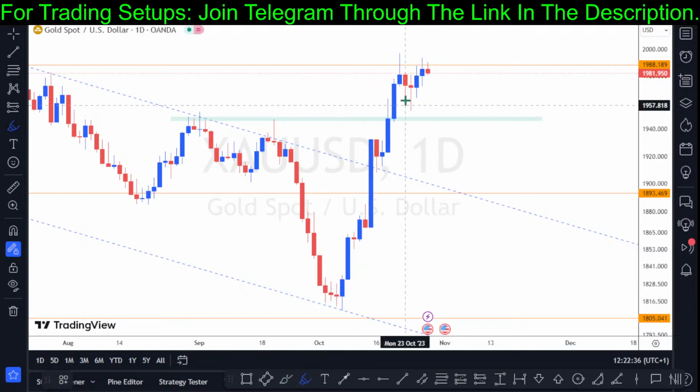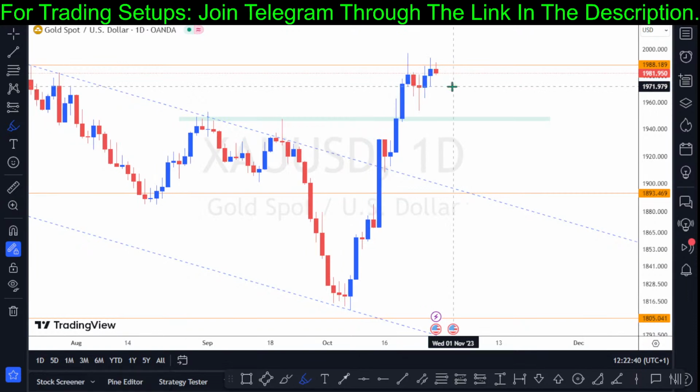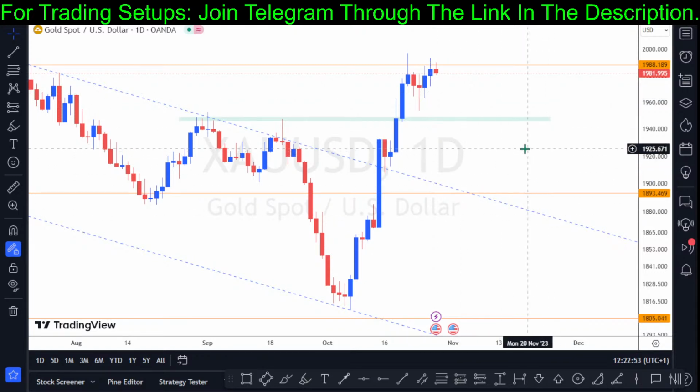I don't want to jump into this market and have it keep taking me up and down. I want an open market, a market that has a definite direction of movement, right?